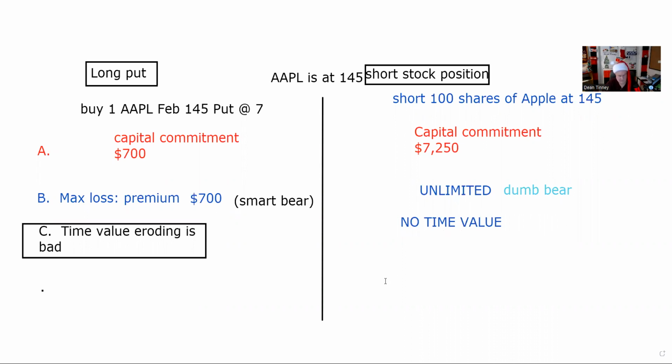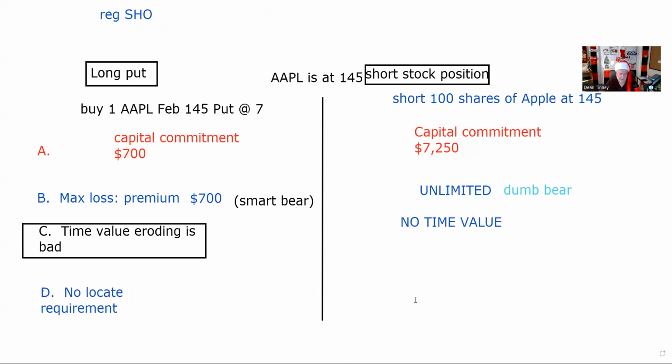Let's see what choice D says. Buying a put is not subject to Regulation SHO. Regulation SHO is the locate requirement that requires you to locate the security before you sell the stock short, right? So if I'm going to sell short Apple, there is a locate requirement, meaning my firm says, Dean, let's check with stock loan and see if somebody has signed the loan consent form.